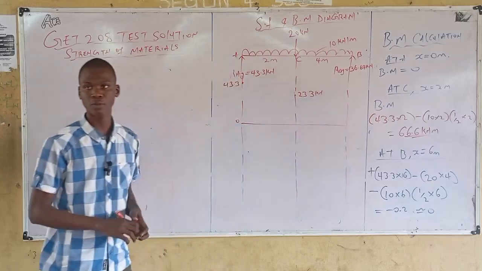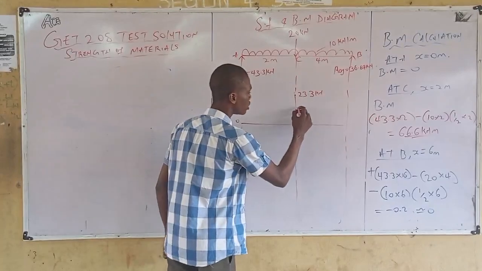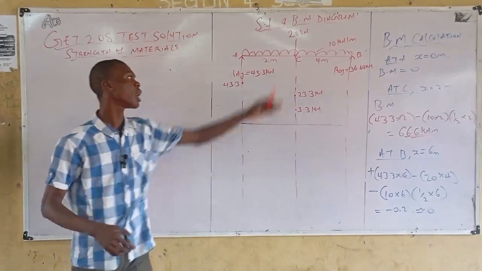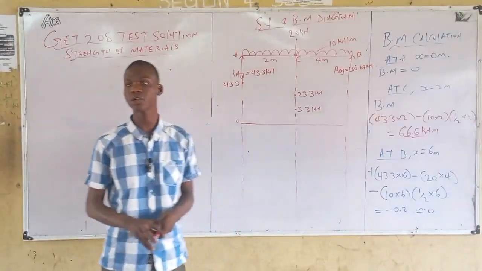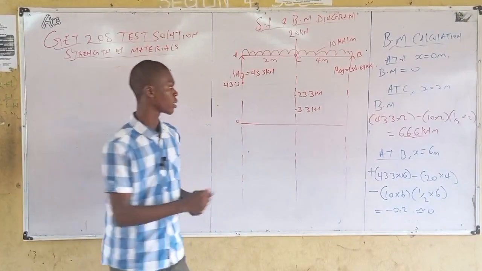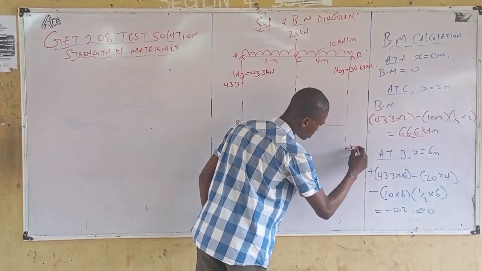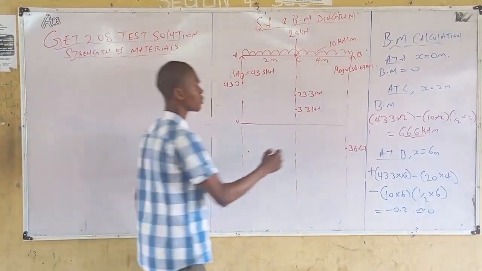What's the second value? 3.3 is still in the positive region, and that should be here. 3.3 kilonewton. Any value at point C again? Move on to the next point. What is the first value? Minus 36.67. Okay? 0.